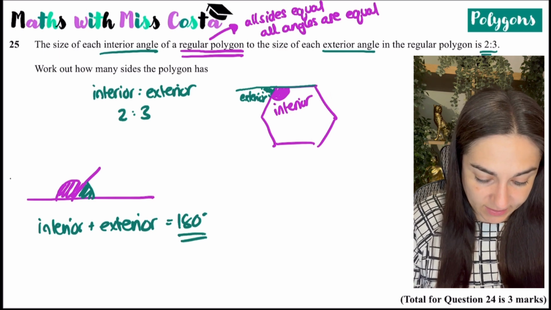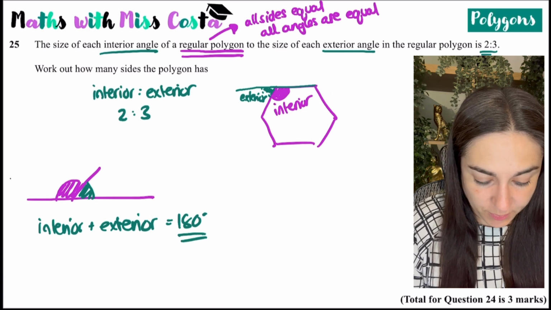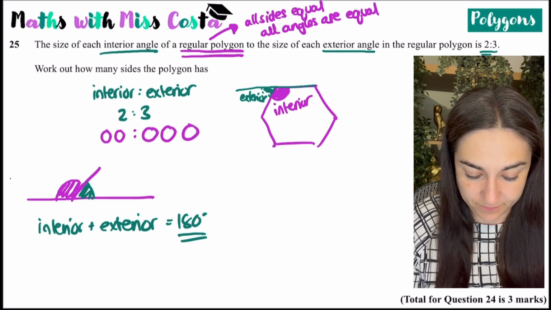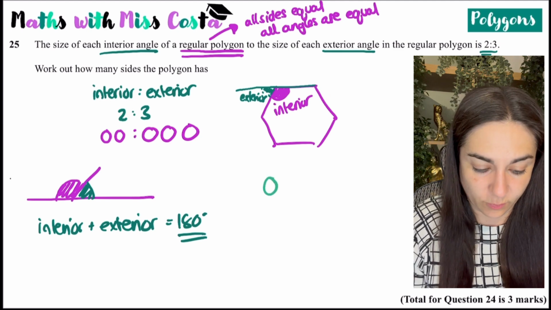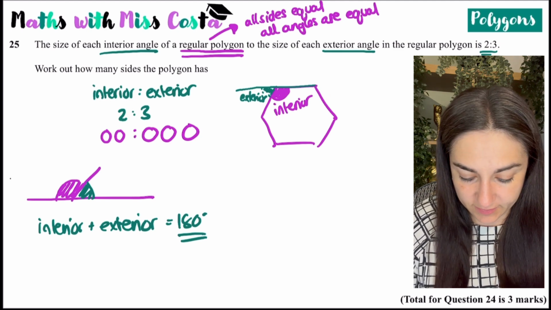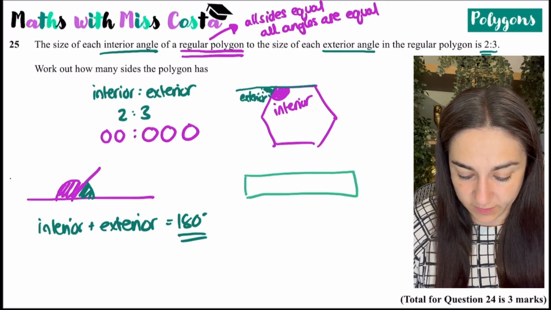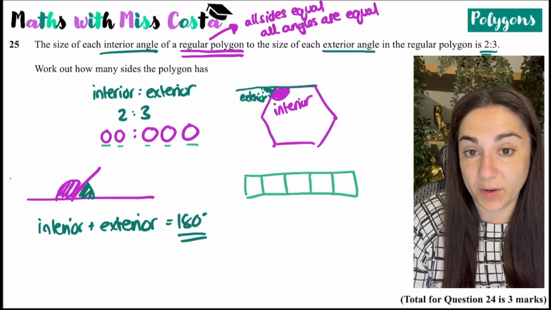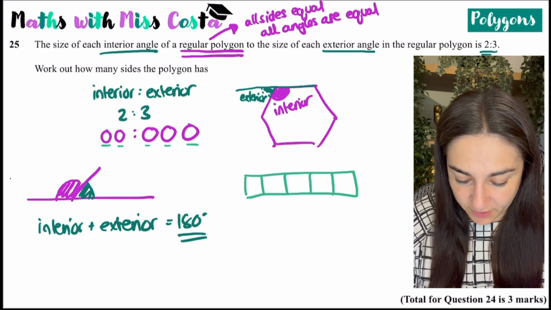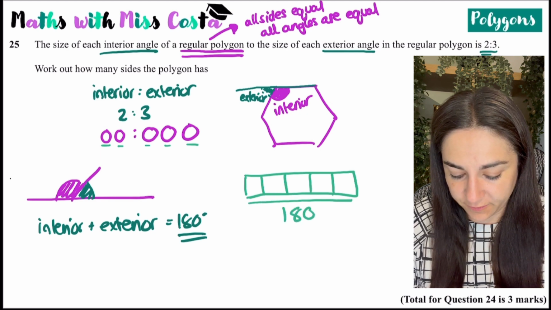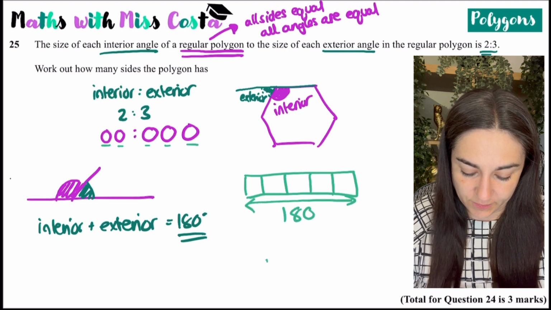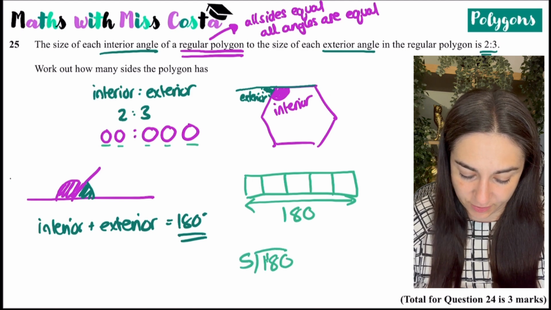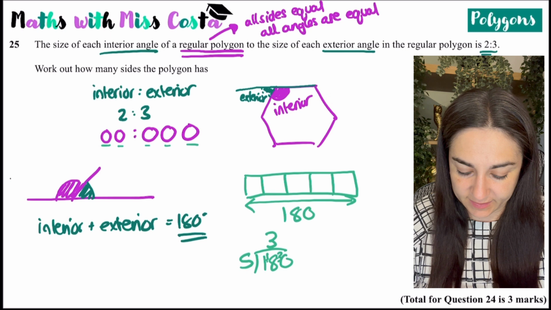So the interior is 2 parts, the exterior is 3 parts. And I'm going to split 180, therefore, I can imagine this straight line is split into 1, 2, 3, 4, 5 parts, or I could have just done 2 plus 3. So 180 is split into 5 equal parts. So 180 divided by 5, 5's into 1 don't go, 5's into 18 go 3, remainder 3, 5's into 30 is 6.